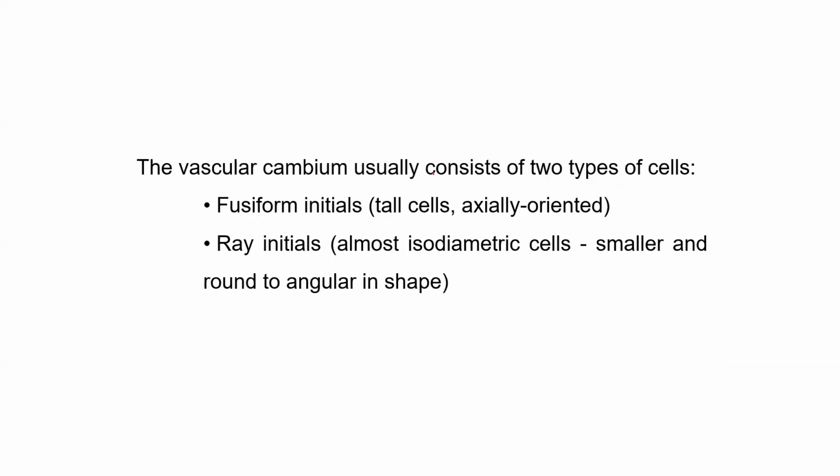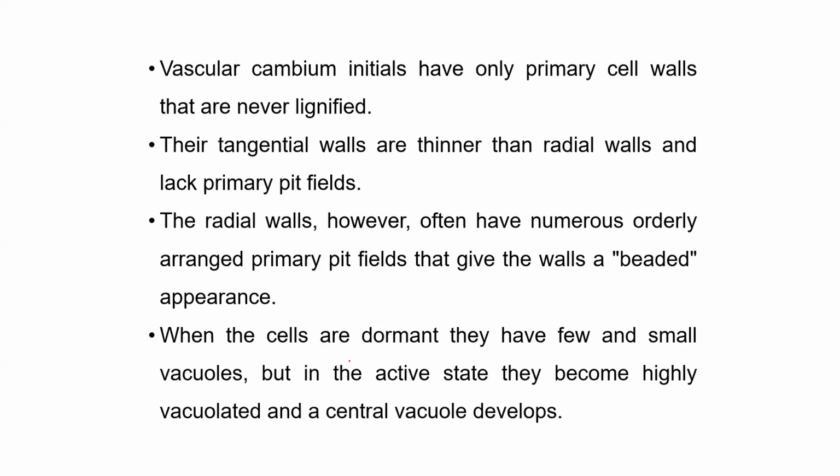The vascular cambium usually consists of two types of cells, fusiform initials and ray initials. Fusiform initials are tall cells and axially oriented; ray initials are isodiametric, smaller, and round to angular in shape.